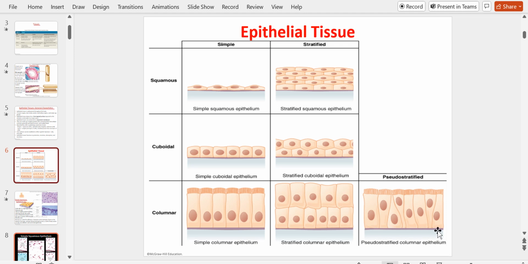They all touch the basement membrane, where all the food comes from. So you look here, all of the food comes from underneath and passes through the cells and feeds all the cells there.